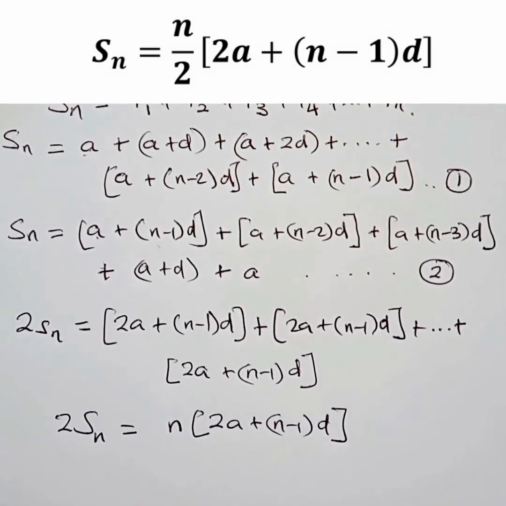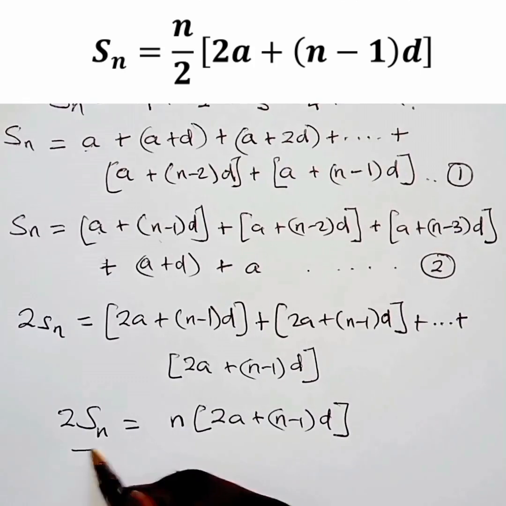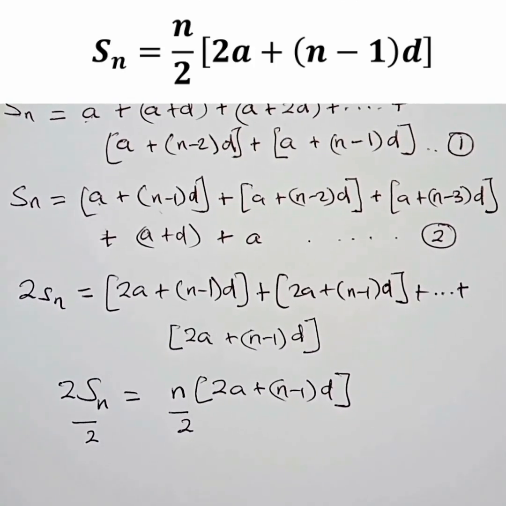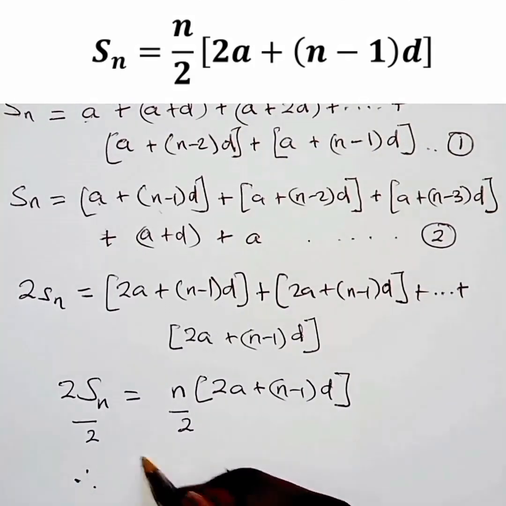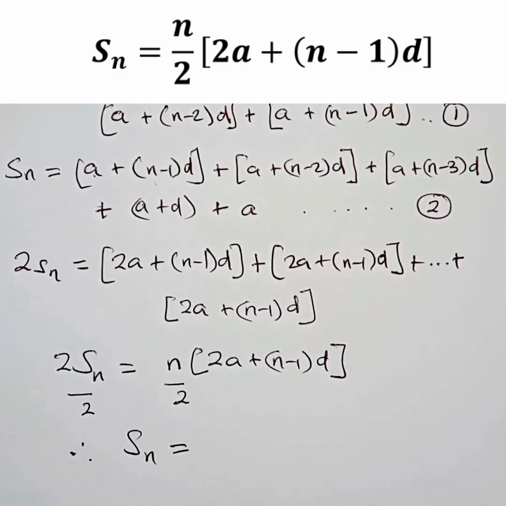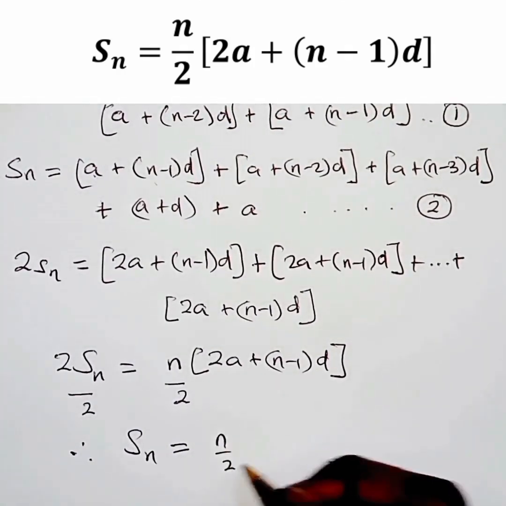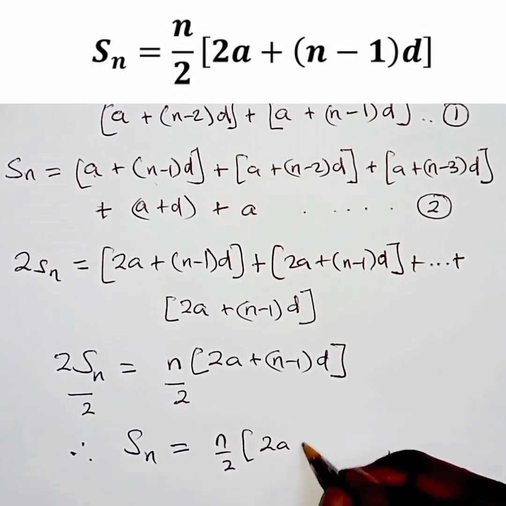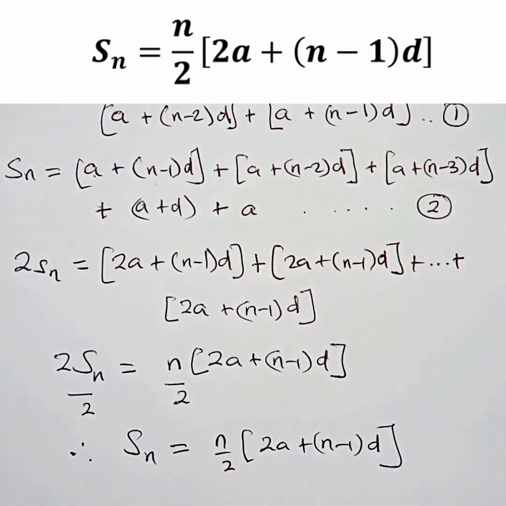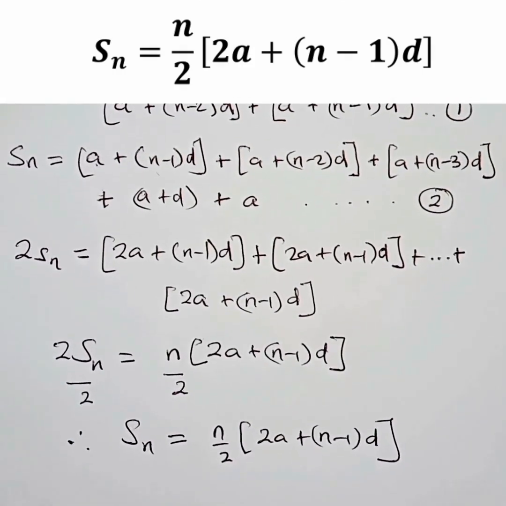And then we need to find the sum of terms. So we divide by 2 on that side and divide by 2 on the other side. Then we can say, therefore, the sum of terms in an arithmetic sequence is given by n over 2 times (2A plus (n minus 1)D). And we've proved that formula.